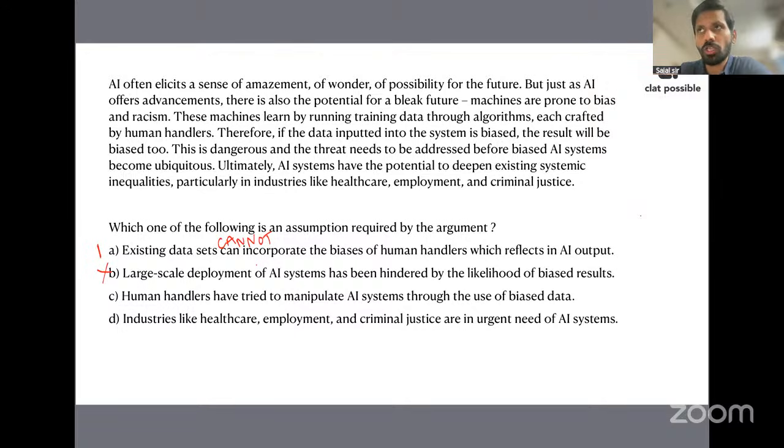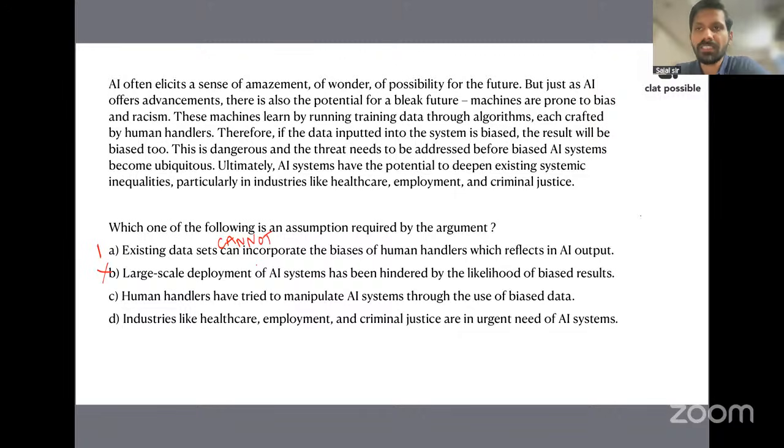but it's not being said that they are being intentionally, right? The presence of intention is not stated in the argument that this is being done intentionally, right? That human handlers are doing it purposefully. That is not being said, right?